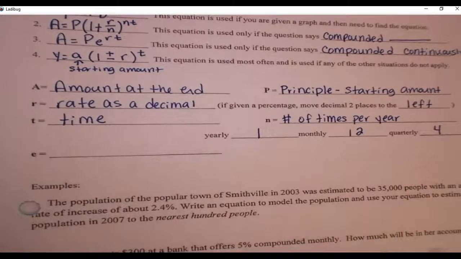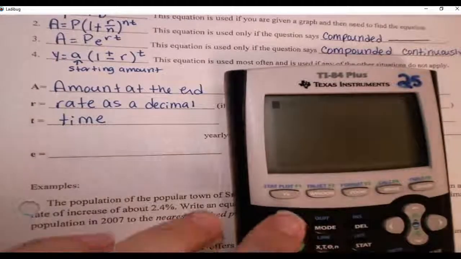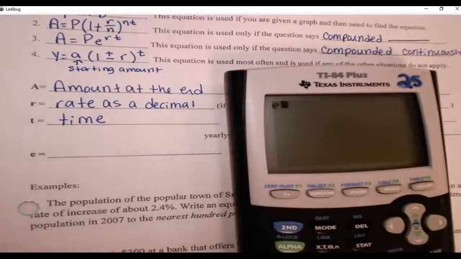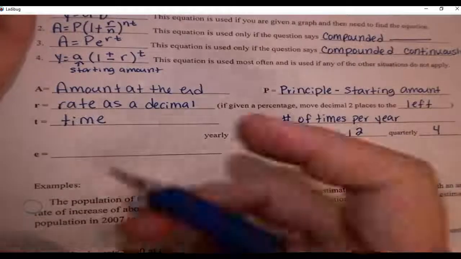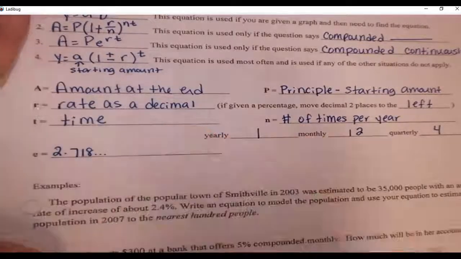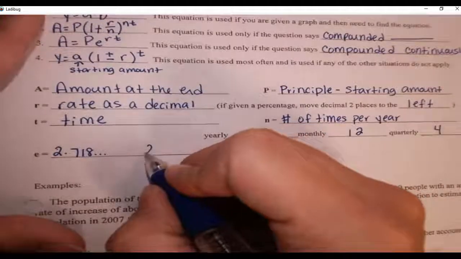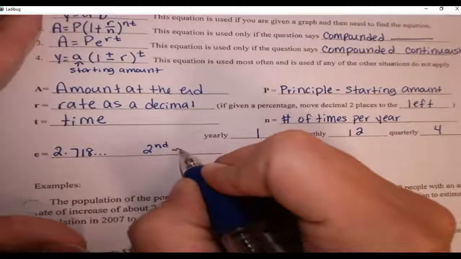So then the only thing that we haven't defined is E. And E is not a variable. E is a number, like pi. So on your calculator, if you hit second division, you get E, and there it is. We'll look more at E in the days to come, but it's a number, 2.718, etc. Okay.